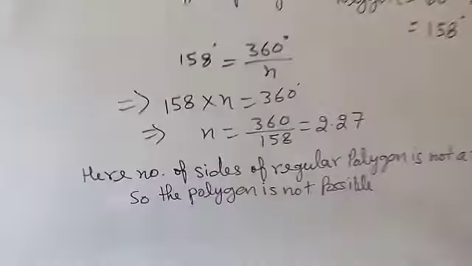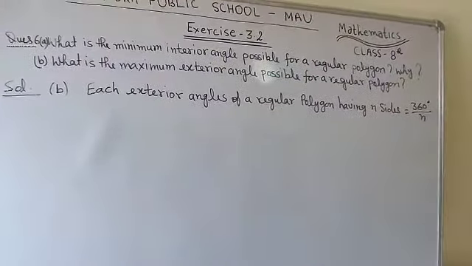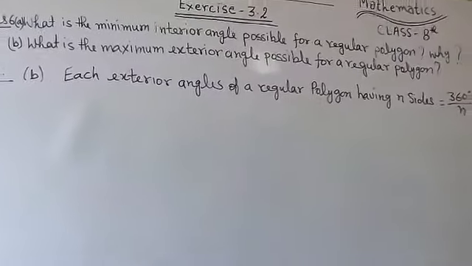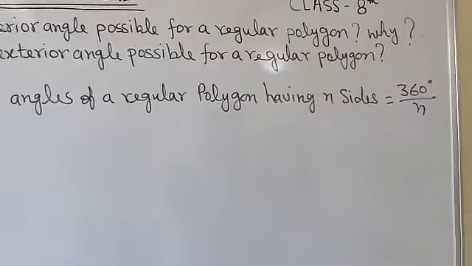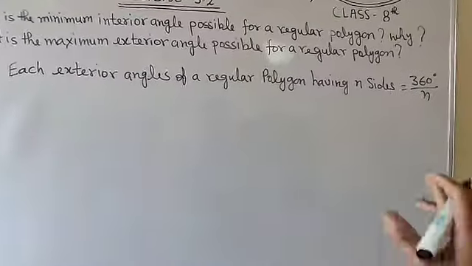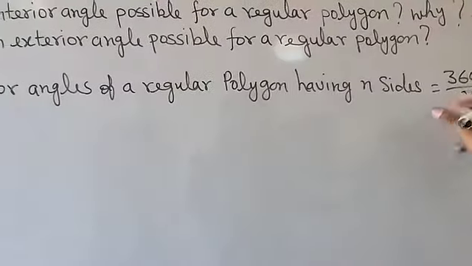That is each exterior angle of a regular polygon. If 4 sides are there, each exterior angle will be 360 upon 4. If 5 sides, 360 upon 5. So that is each exterior angle of a regular polygon.